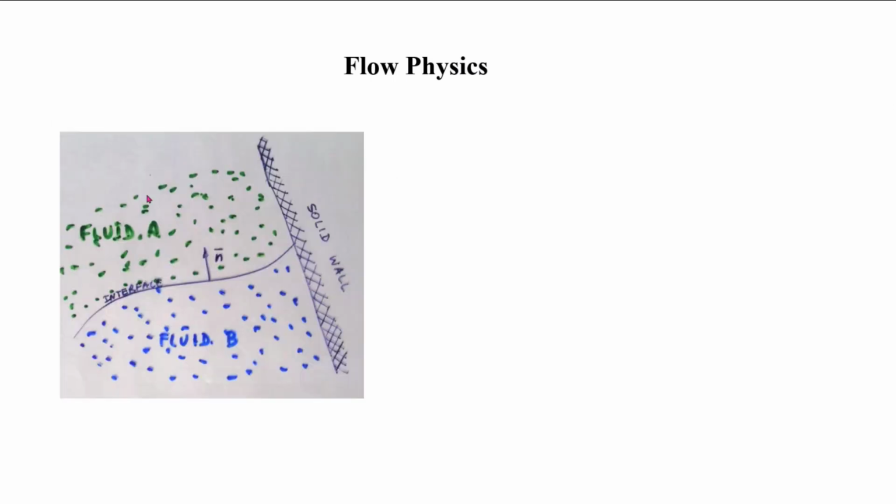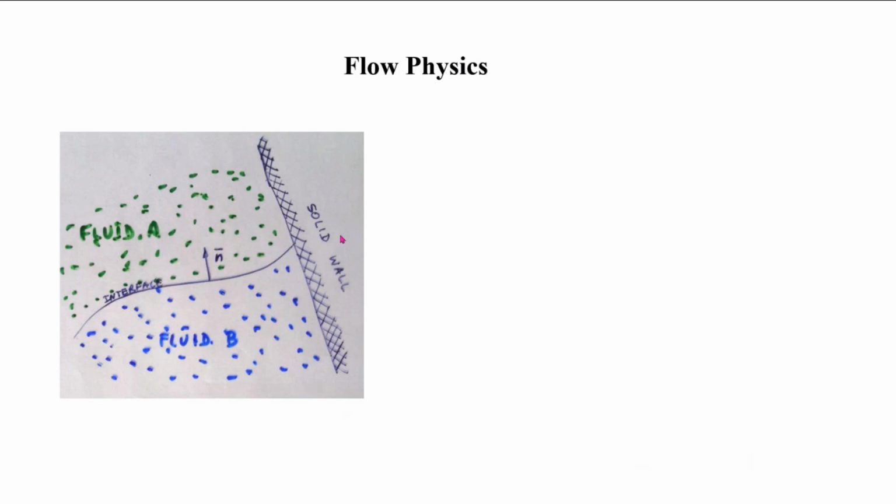Okay, so let me start with discussing flow physics, or features associated with flow physics. So this is an example. On the left side, I have fluid A, which is green fluid, and fluid B, which is blue fluid, and there is an interface between these two fluids. So there is a distinct change of the type of fluid across the interface.